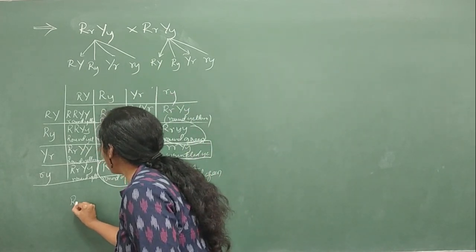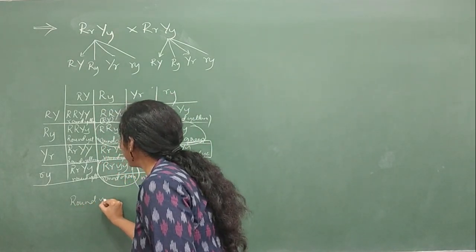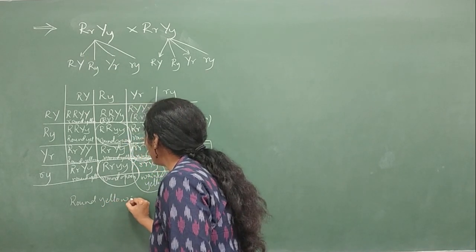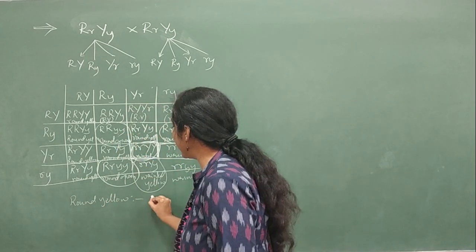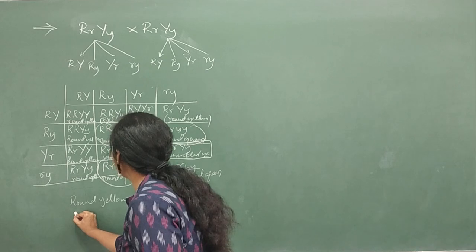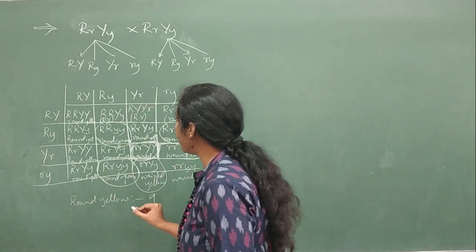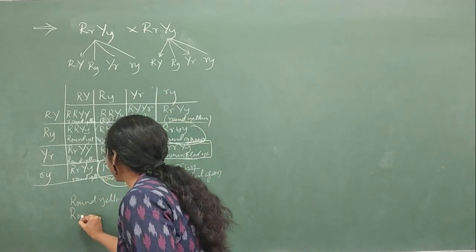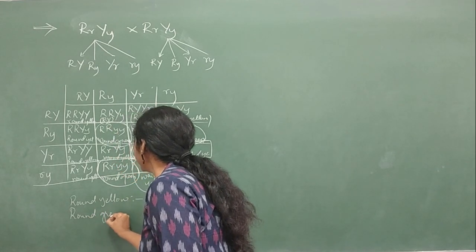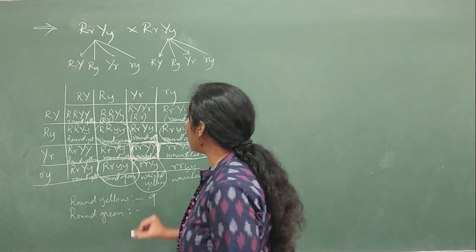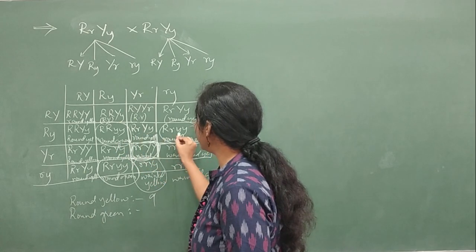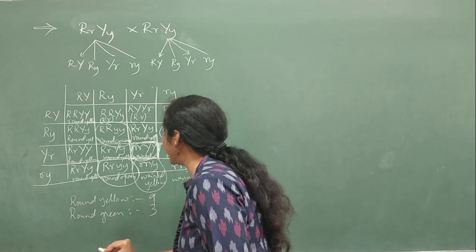How many round yellow plants we had got? Round yellow was 9, isn't it? And the next type of plant was round green variety. Round and green variety. How many we had got? Round and green, 1, 2 and 3. 3 we had got.